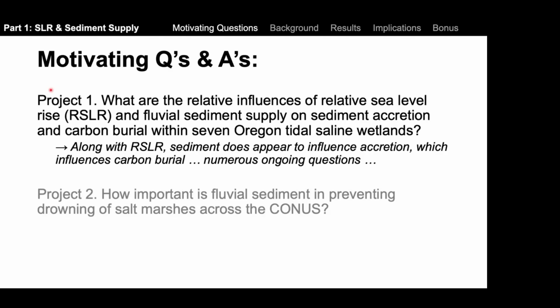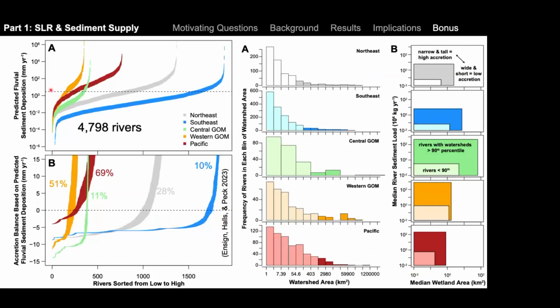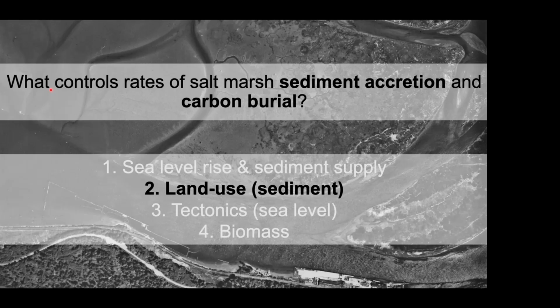And so this is one of the bonus chapters that I'm planning to skip, but I could circle back to if folks are interested. Basically, I worked with folks to measure theoretical sediment supplies to salt marshes of the contiguous United States, and we saw widespread sediment limitations, which surprises nobody.